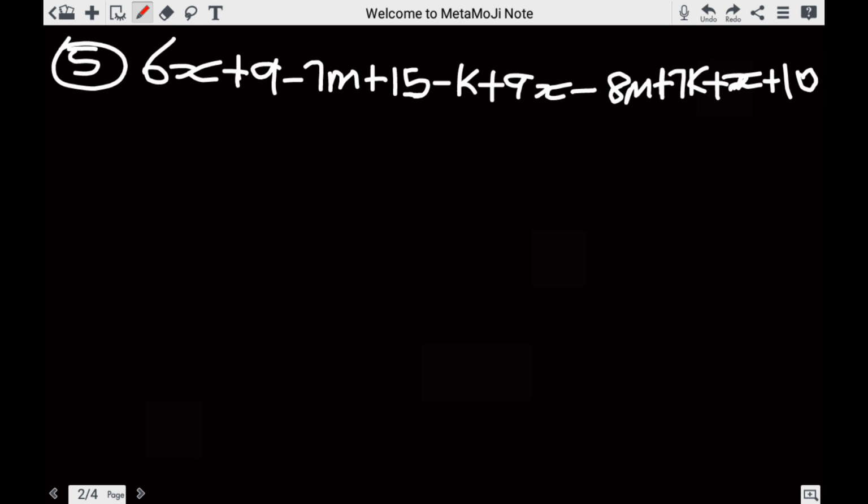So you can group those terms together. 9 is a like term with 15, and also with plus 10. So you can group those together. Then m, minus 7m, and minus 8m. These are also like terms, so you need to group them close to each other.